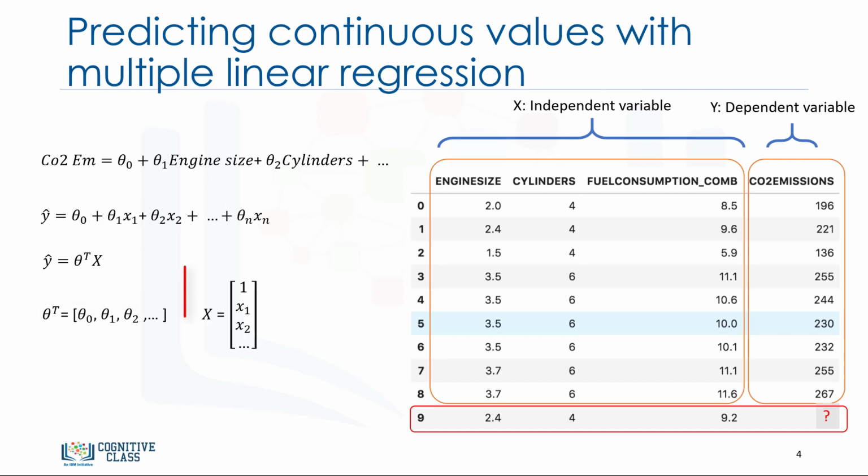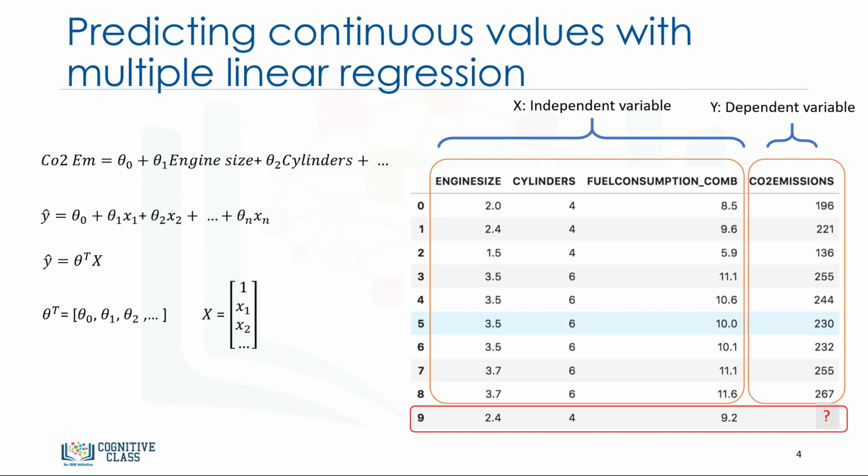And x is the feature set, which represents a car. For example, x1 for engine size, or x2 for cylinders, and so on. The first element of the feature set would be set to 1, because it turns the theta 0 into the intercept or bias parameter when the vector is multiplied by the parameter vector.